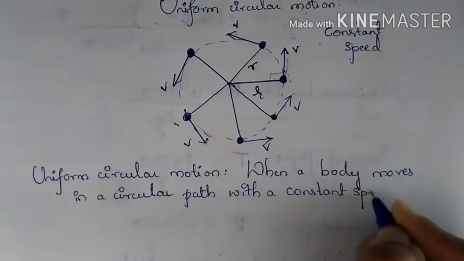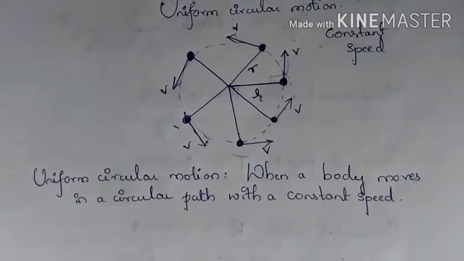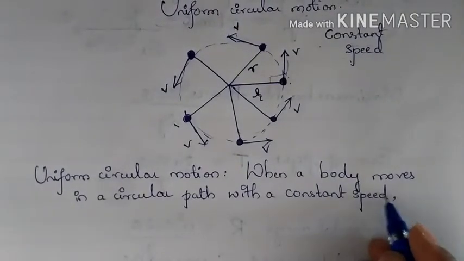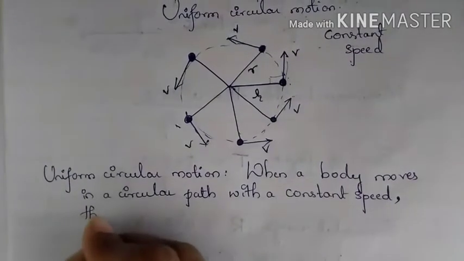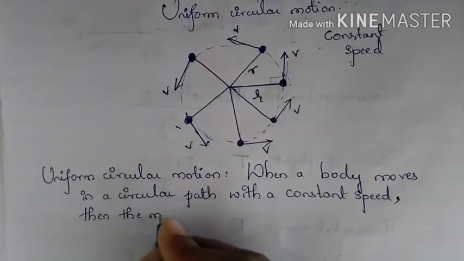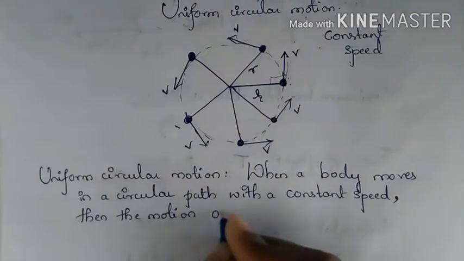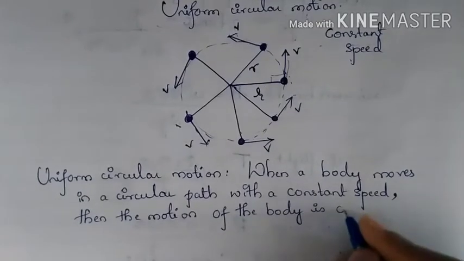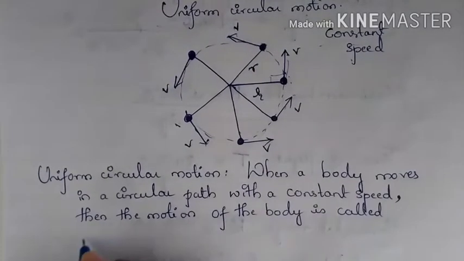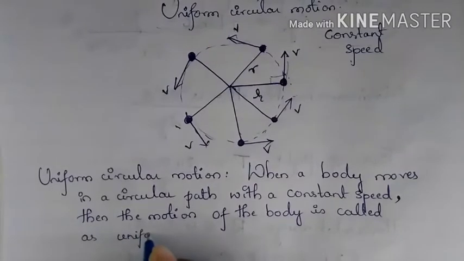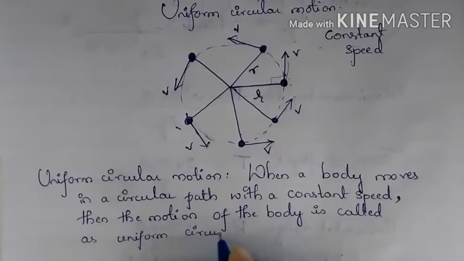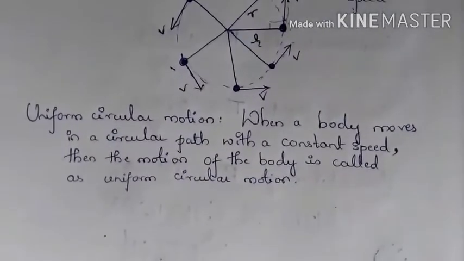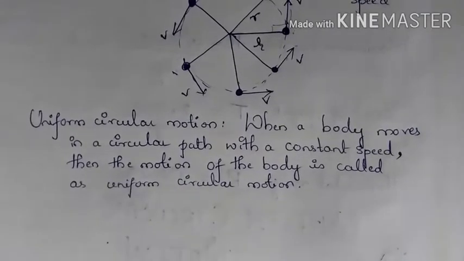Constant speed is mandatory. So in uniform circular motion you will have constant speed, then the motion of the body is called uniform circular motion. So this is what uniform circular motion is.